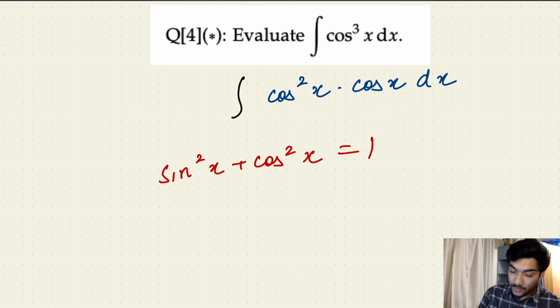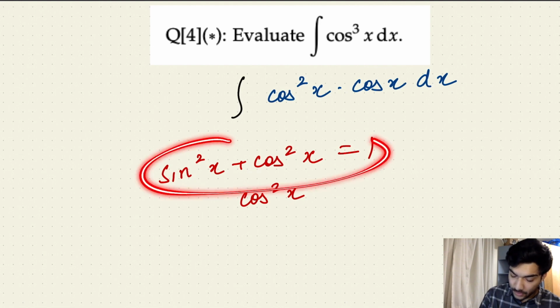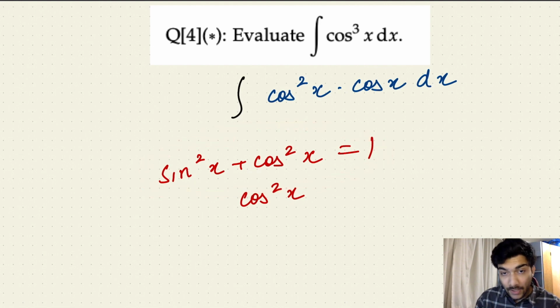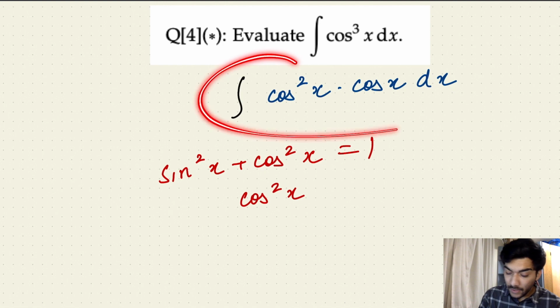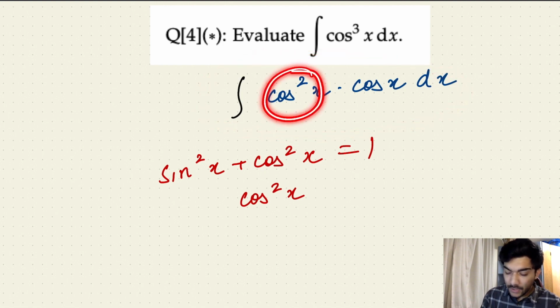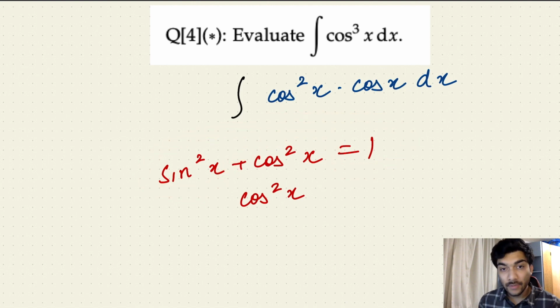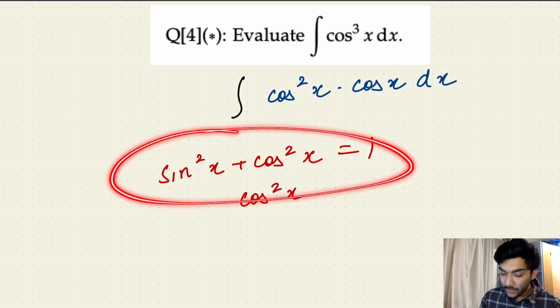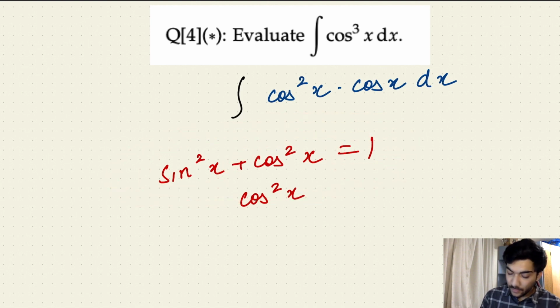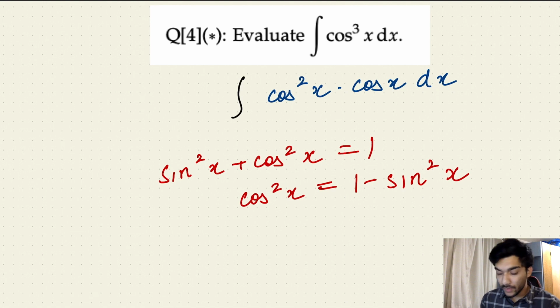And since we have a cos² x term over here, because we want a sine term in the integral, we can simply change this cos² term to a sin² term expression by only using this property. So from this property, cos² x can be simply written as 1 minus sin² x over here, right?